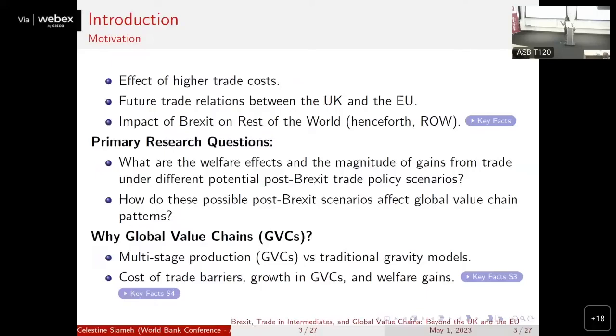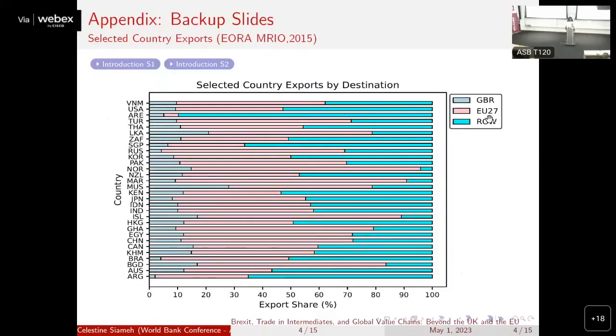And these are some key facts to confirm that. These are 30 selected countries that trade most with the UK.